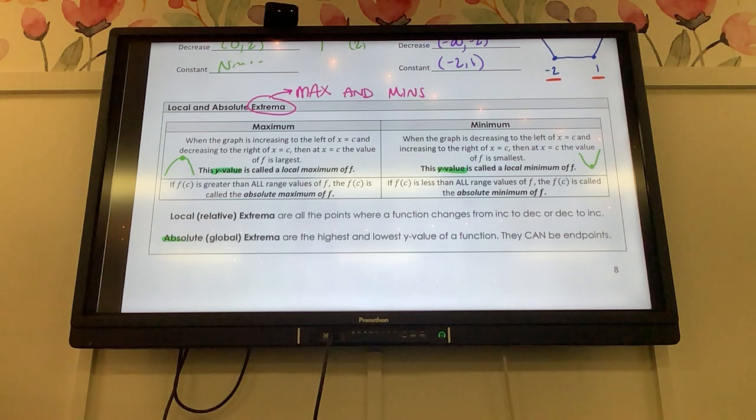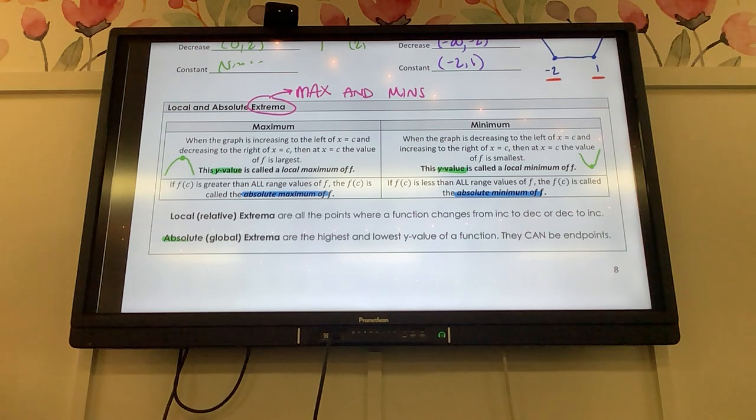So now let's talk about what an absolute extrema is. All right, so an absolute max or an absolute min. It's kind of what it sounds like. The absolute maximum is the very, very highest point on the entire graph. The absolute minimum is the very, very lowest point on the entire graph.